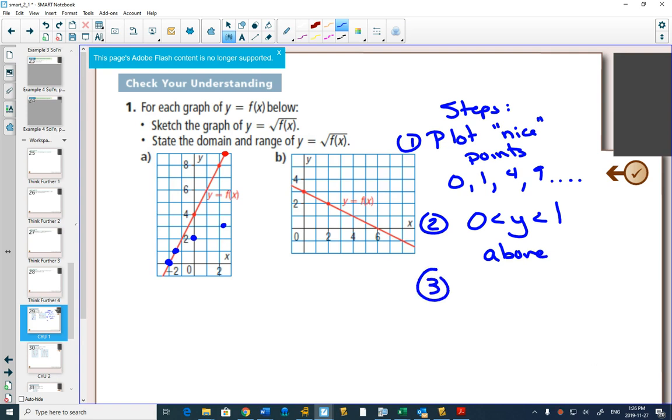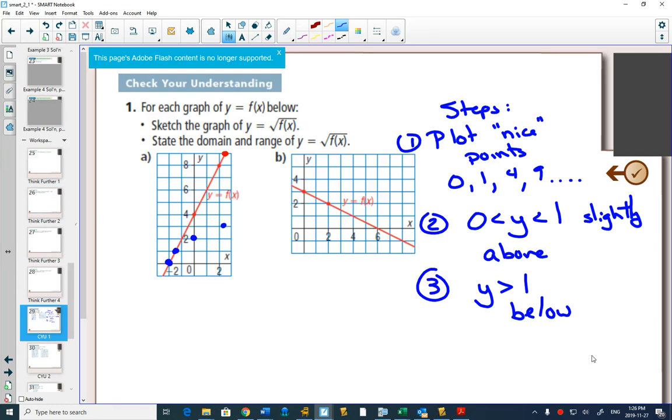and step 3 are sort of the same thing. On your original function, if your y values are between 0 and 1, you have to graph your square root function slightly above. Maybe it's even good to write slightly, and spell it right. Slightly.